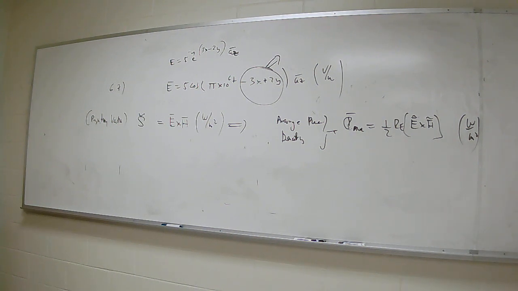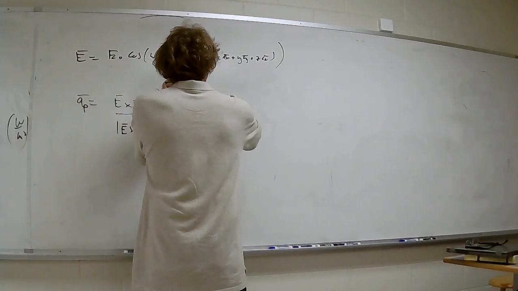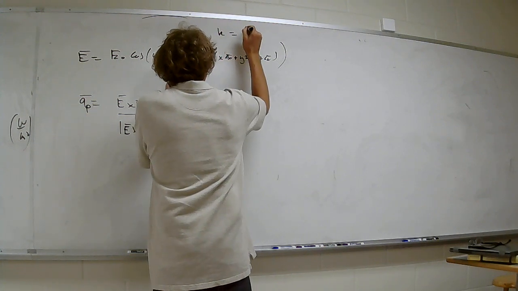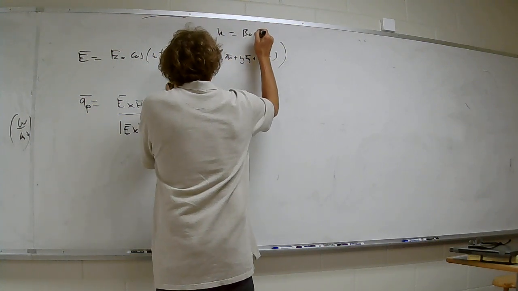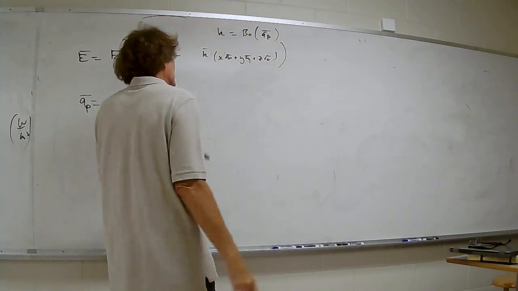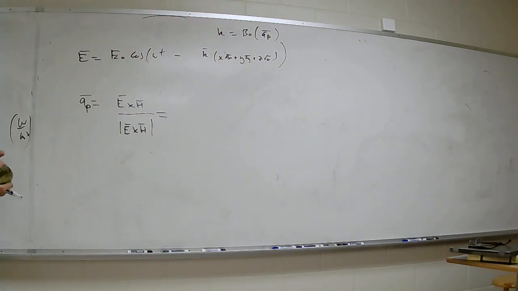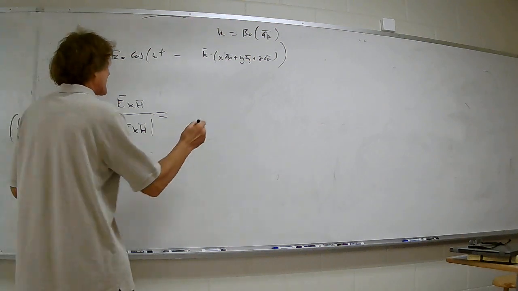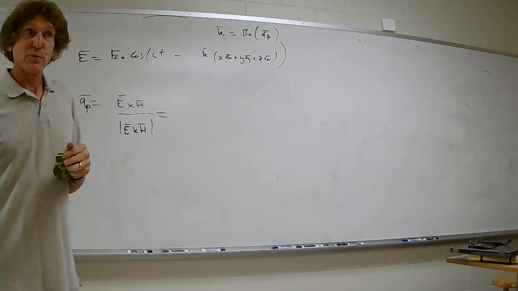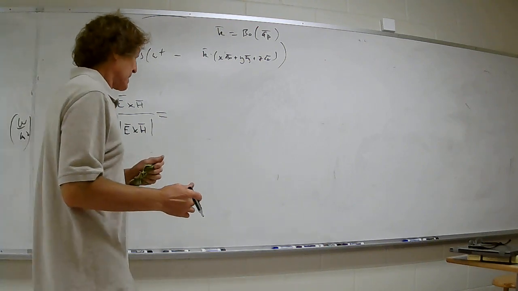So this is really K vector dotted into this stuff, and K itself is going to have a value of beta naught, and then a unit vector in the direction of propagation. I'm trying to say this in a way that's not going to confuse you. So this is a vector. And what you get is this. Now, here's how we really do it.